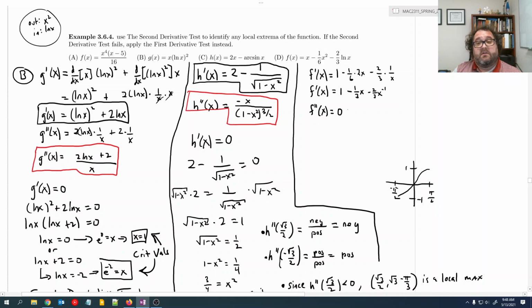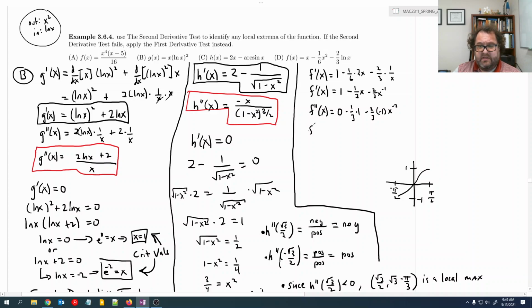And then the derivative of negative 1/3 x, negative 1/3 is a constant multiple times the derivative of x, which is just 1. And then we have minus 2/3 as a constant multiple, but then we have x to the negative 1. So the power rule says we bring the negative 1 out front and multiply, and then multiply by x to the negative 1 minus 1 power, which is negative 2 power.